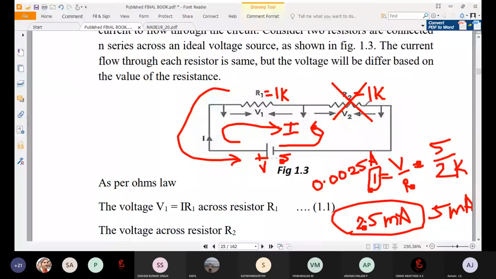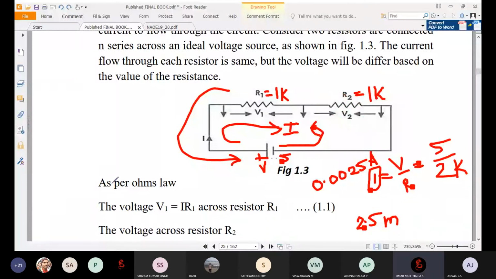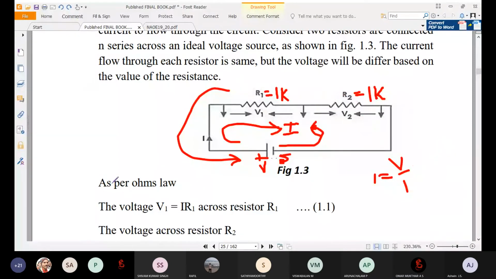But whatever amount of current you calculated, that will flow in the entire circuit. That is the concept. So current is common in a series circuit and voltage is common in a parallel circuit, which we saw in the last class, right? Now here, I will remove everything.